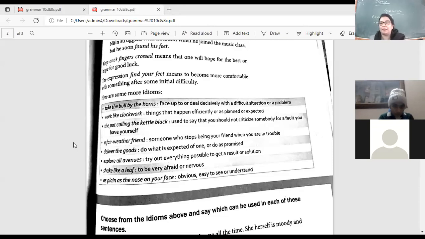What about our politicians? They promise to deliver the goods during or before the elections, but after the elections, they disappear. Yes, deliver the goods, apni promises, do what is expected.